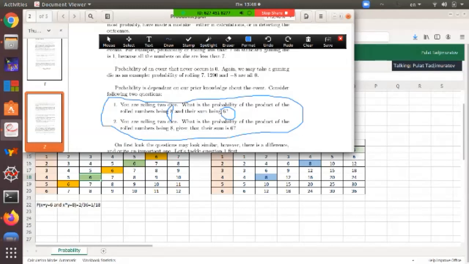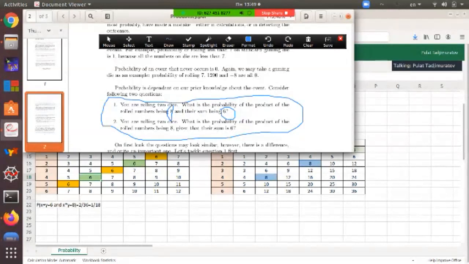That means there might be 36 different possibilities, like we see here in the table. And we know that 5 of them are favorable for this one, and 2 of those 5 are favorable also for this one. So we calculate our probability and we get 2 over 36, as we have already seen.